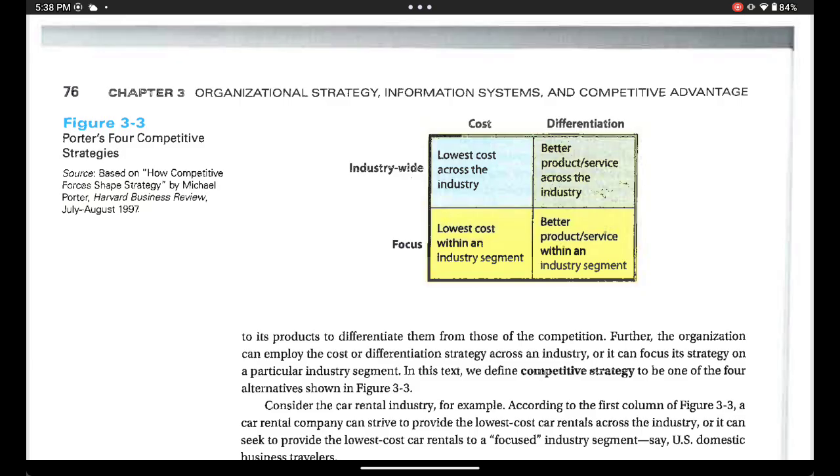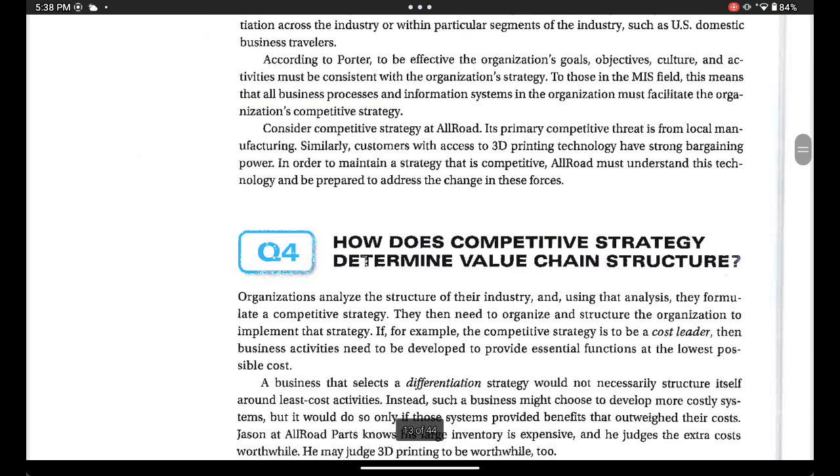Let's say you're a business that only does car hiring, so hiring cars for travelers. That's a specific segment of the population. So this will fall under focus. So if you want to have cheap cars to hire for people that come to Durban as travelers, that's going to be focus, right? If we said a company that hires cars to everyone, that's obviously going to be industry-wide, right? So that's two different things, huh?